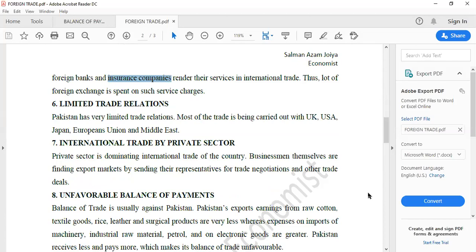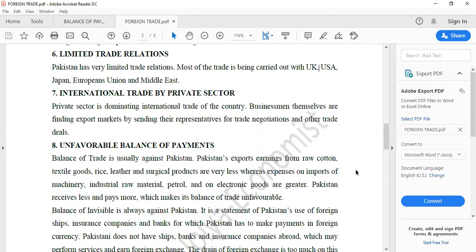Sixth is limited trade relations. Pakistan has limited trade relations with the countries of the world. We do not have numerous international markets, whereas we only have limited markets where we have trade relations, such as UK, USA, Japan, European Union, and Middle East.